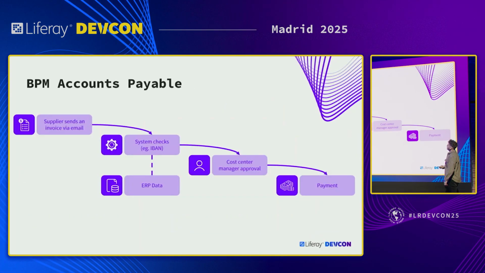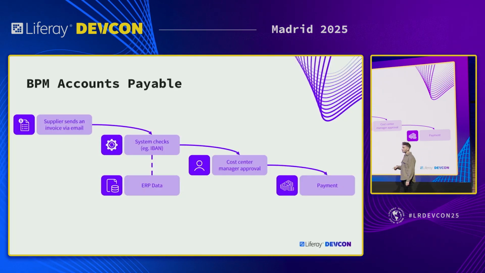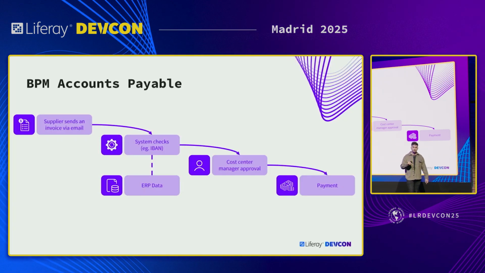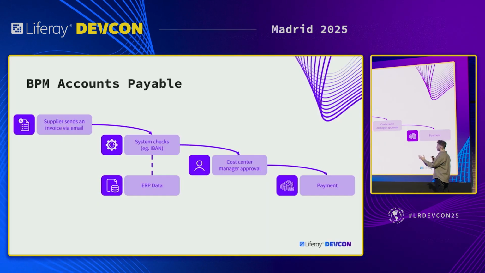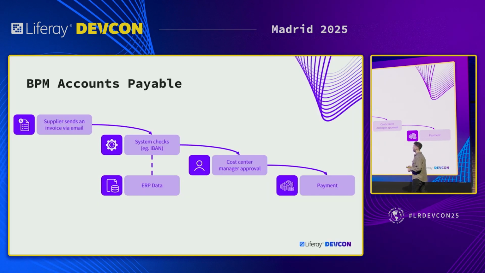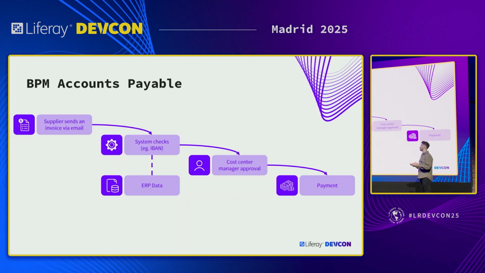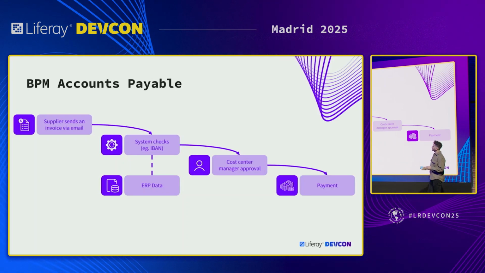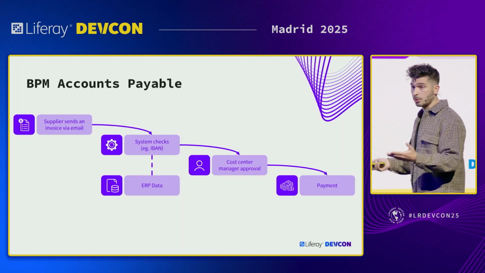But what happens if you have a BPM process up and running that manages your accounts payable process? It's pretty much the same, but there are a couple of differences that make a big difference. For example, you can have a system check the IBAN.